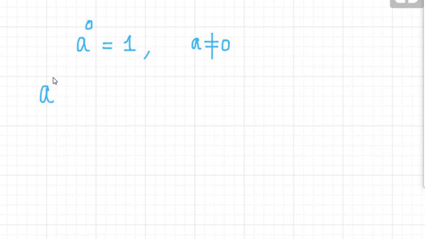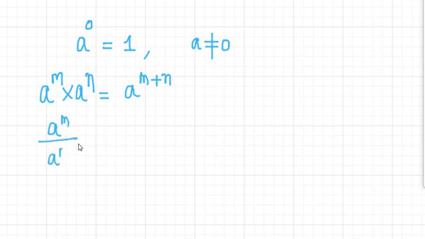Next, a power m into a power n is a power m plus n. A power m divided by a power n is a power m minus n. So write down everything. I'll start from the basics. Once you all understand this, then we can solve problems.